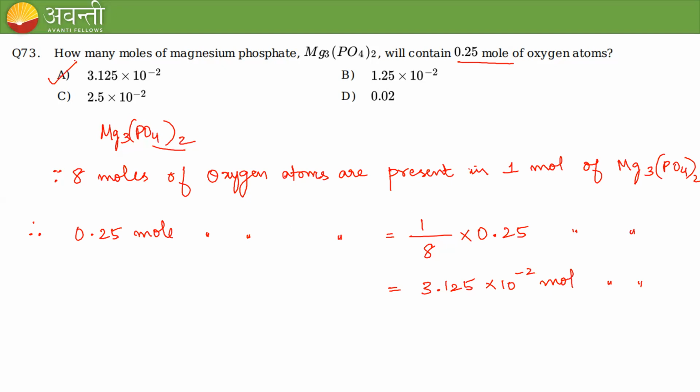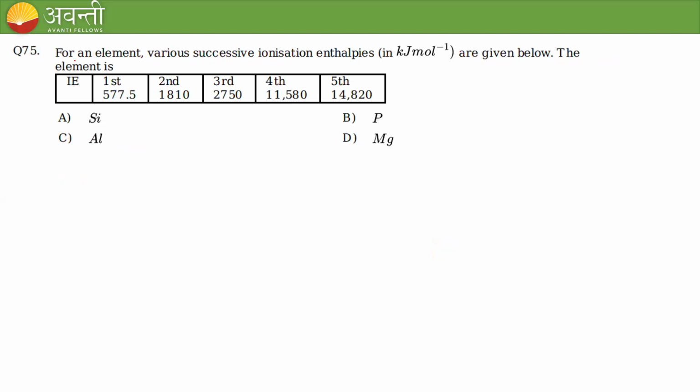Okay. Now moving on to question number 75. For an element, various successive ionization enthalpies in kilojoule per mole are given below. The element is... So just observe the ionization energy values given here. The first ionization energy is 577, the second is somewhere around 1000, and the third ionization energy is around 2000. The fourth ionization energy is around 11,000.